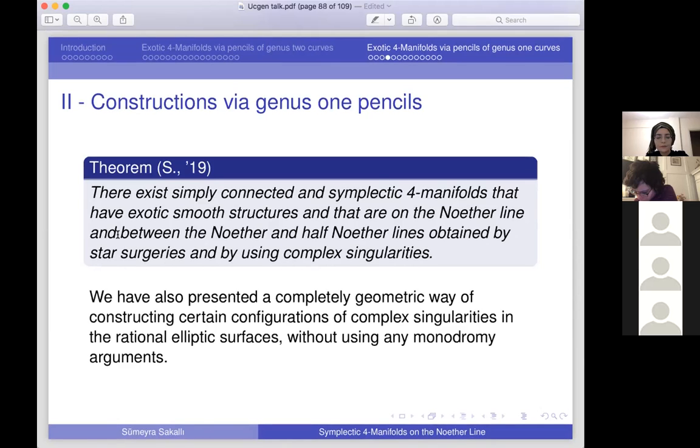And also, in this work, I gave a geometric way of obtaining certain configurations of complex singularities in the rational elliptic surfaces. When we say rational elliptic surface, these are just the complex projective plane blown up at 9 points. And in this part, I didn't use any monodromy arguments. In the literature, in general, people use mapping class group arguments. But here I just gave a geometric way of obtaining certain configurations.